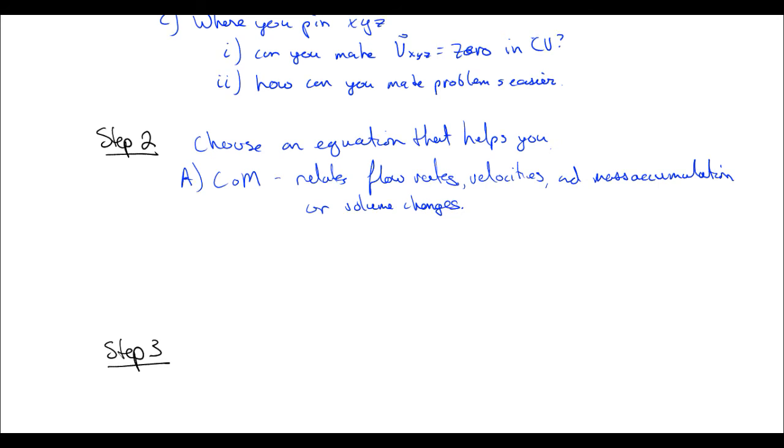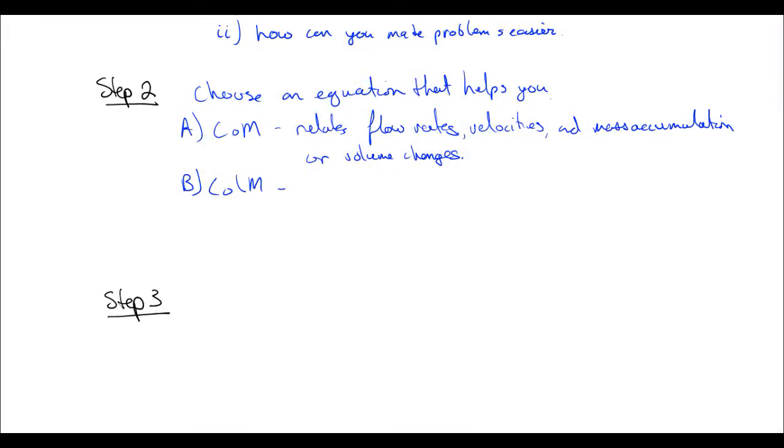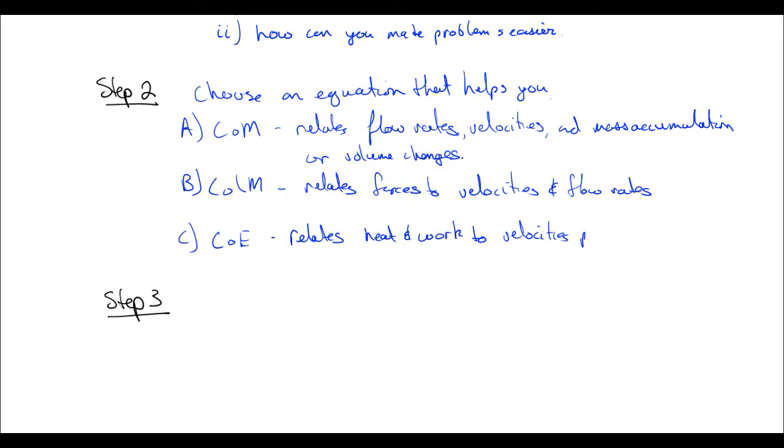B, conservation of linear momentum relates forces to velocities and flow rates. And C, conservation of energy relates heat and work to velocities, pressures, temperatures, and heights.